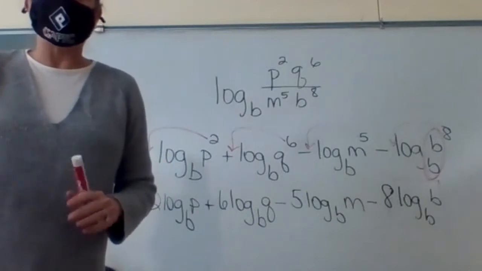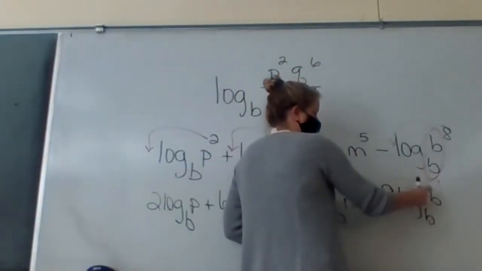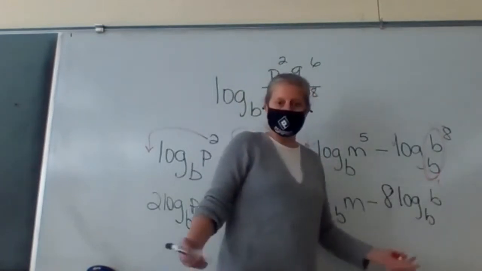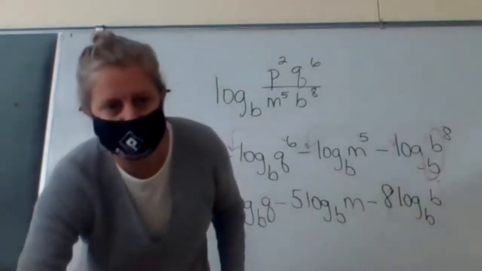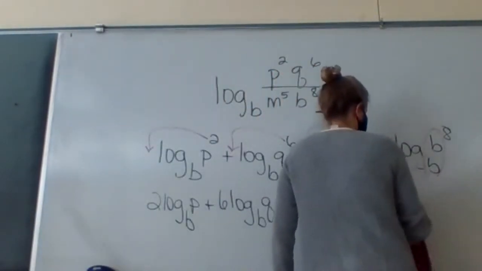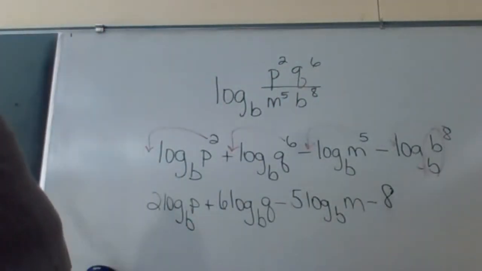That property says if your base and what you're taking the log of are the same thing, this whole thing turns into a 1. So I have minus 8 times 1, which again is just that minus 8. Which looks like B.